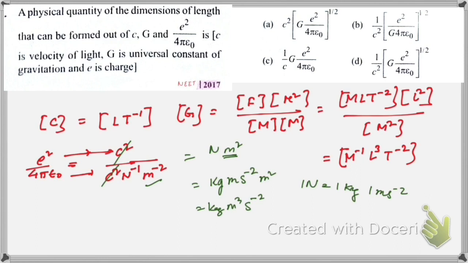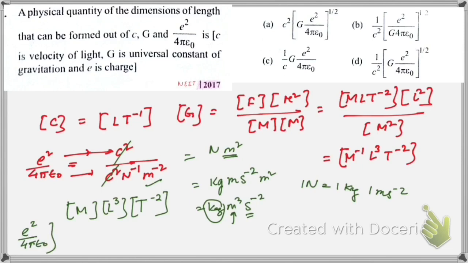Kg is the unit of mass, so this is the mass, meter cube is the unit of length, so L cube, and second is the unit of time, so T to the power minus 2. That is why the dimensional formula of this term, E square by 4 pi epsilon naught, must be M L cube T to the power minus 2, right?